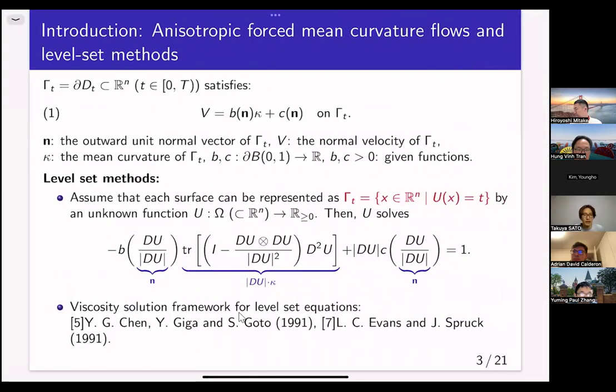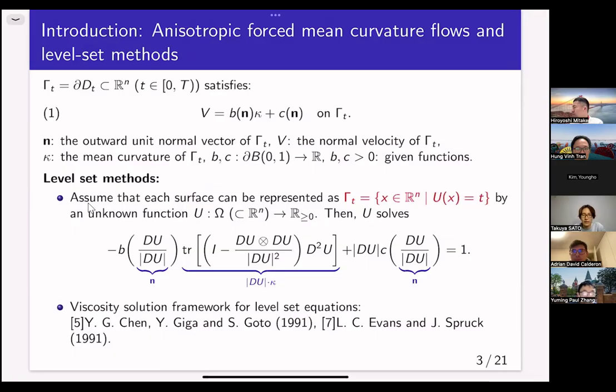And next, to analyze this kind of anisotropic mean curvature flow equations, we use the level set method. And here we are interested in this level set method for the formulation by stationary equations.